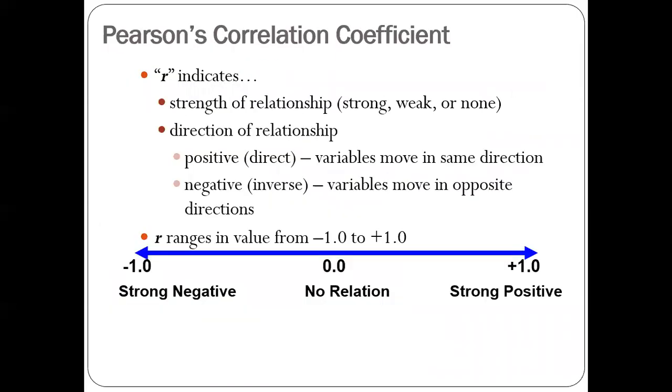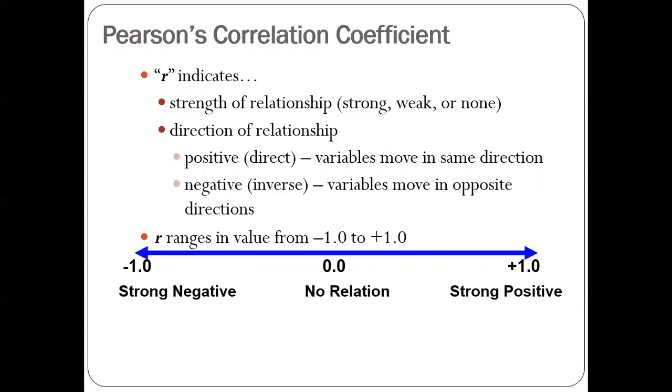The Pearson correlation coefficient, R, indicates the strength of relationship, that is strong, weak, or no relationship. It also indicates the direction of relationship. It can be a positive or direct relationship if the variables move in the same direction, but the direction will be negative or inverse if the variables move in opposite directions.